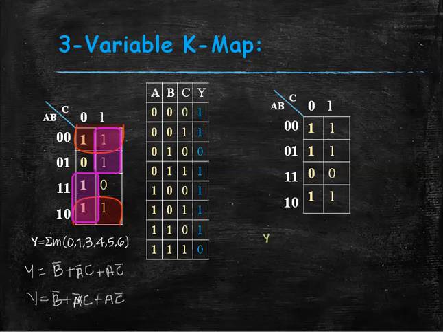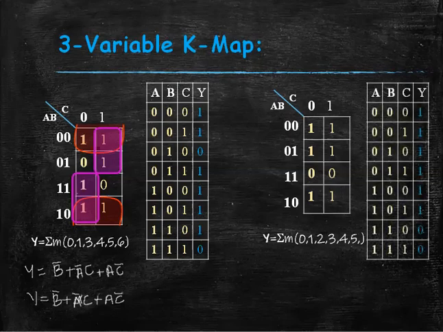The corresponding positions are 0, 1, 2, 3, 4, 5. The truth table is given as this one: 0, 1, 2, 3, 4, 5.